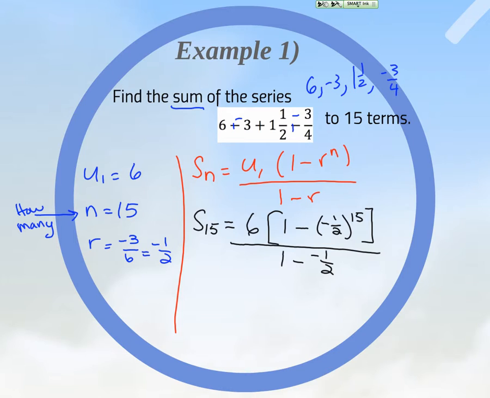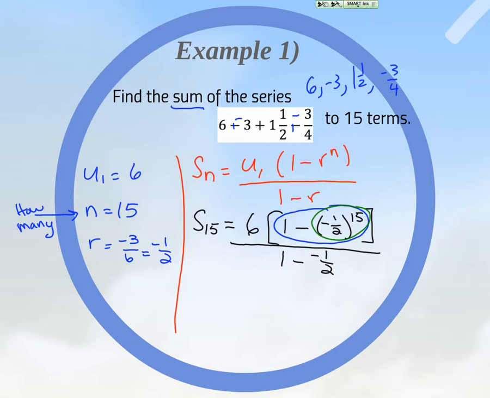So if you are going to plug this all into your calculator or something, be really careful with the way you've got it set up. Make sure you know 15 is the exponent. Otherwise, we can always take -1/2 to the 15th power, and we get something kind of big, right? If you just plug in -1/2 to the 15th power, you can then use your calculators to do 1 minus that.